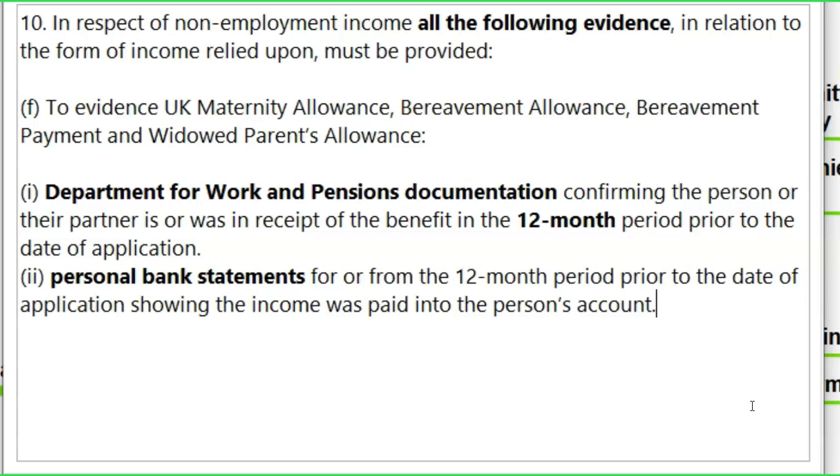The first one has to be a letter from the Department for Work and Pensions confirming that you were in receipt of these allowable benefits in the last 12 months. And secondly, this has to be your bank statements or your partner's bank statements or the joint account confirming that you have been receiving these allowable allowances into your bank account.